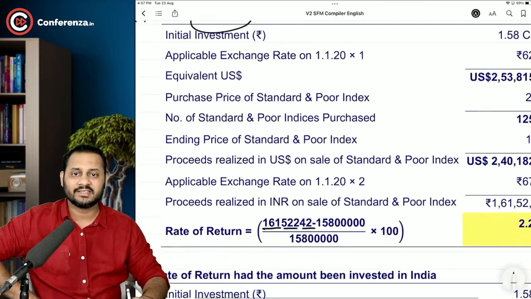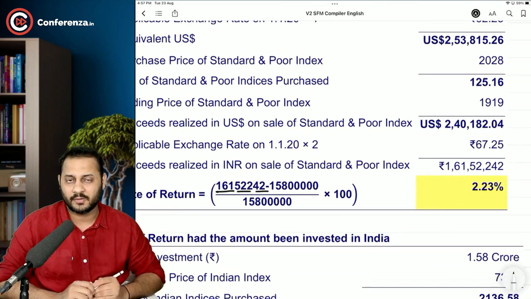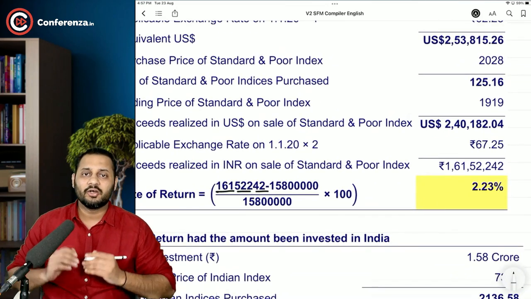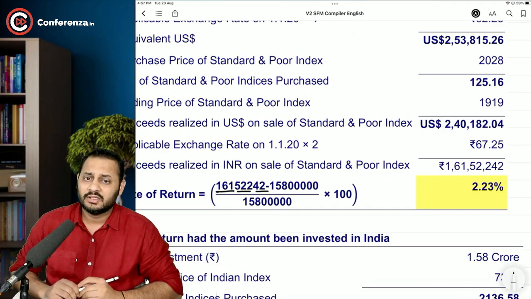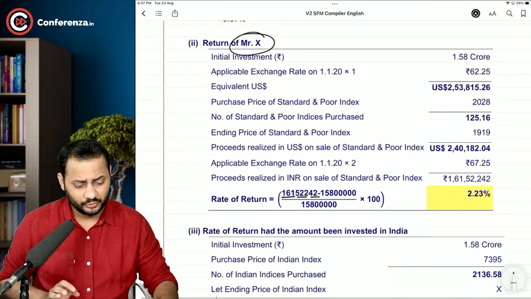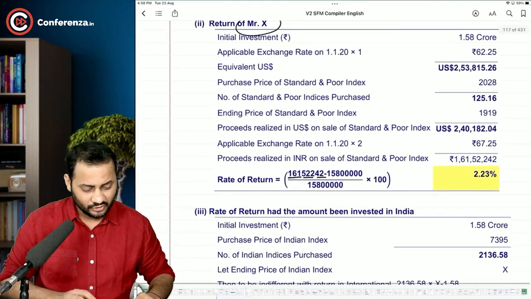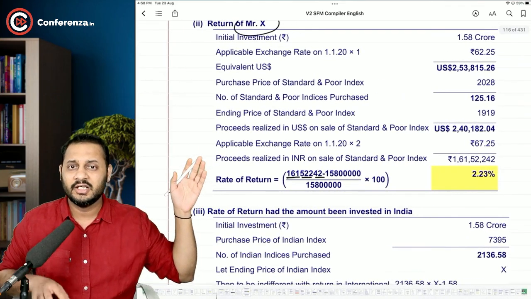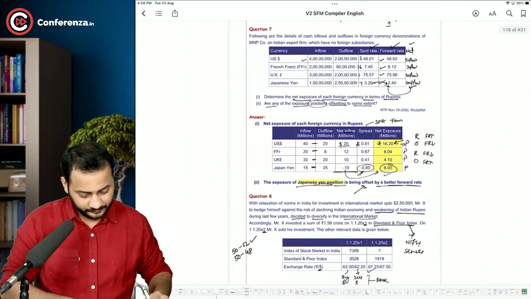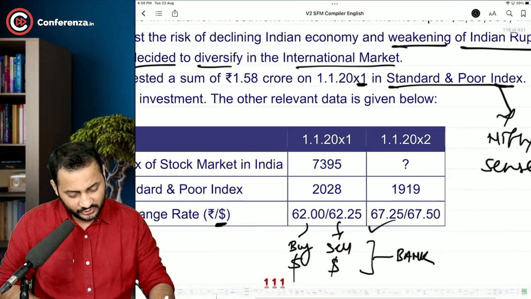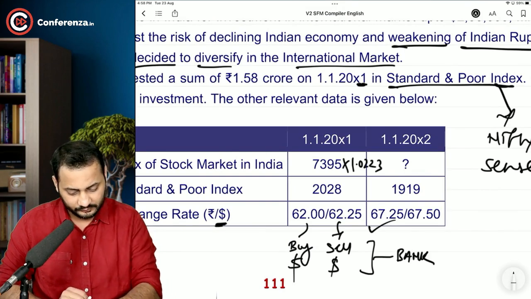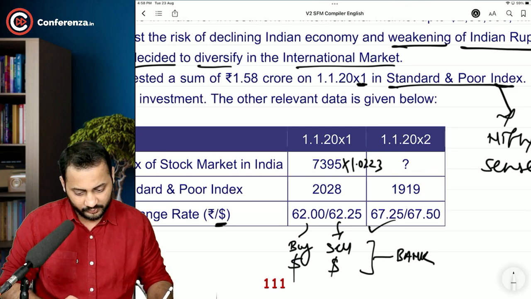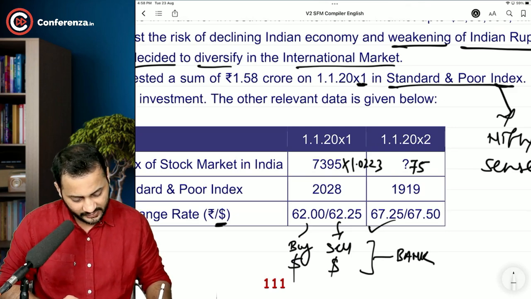So Mr. X has earned 2.23% return. If the stock market in India goes up by 2.23%, that will solve the purpose. That's the simplest of the part. You just have to increase the Indian stock market by the same percentage of the return of Mr. X. So if the Indian stock market goes up by 1.0223 to 7559.90, so practically it is 7560.